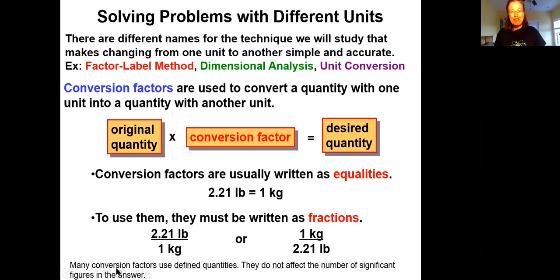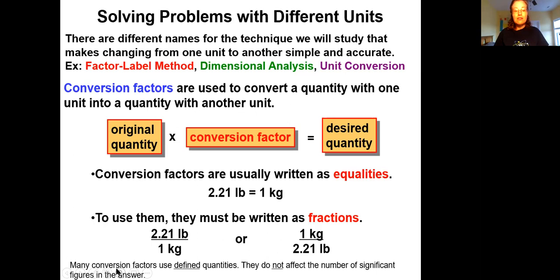I guess it was an afterthought of mine, but I want to make sure that you know that many conversion factors are defined quantities. They do not affect the number of significant figures in the answer. So all those metric conversions where there are 1,000 milliliters in 1 liter, it looks like it's only one significant figure, but in reality, it's an infinite number.